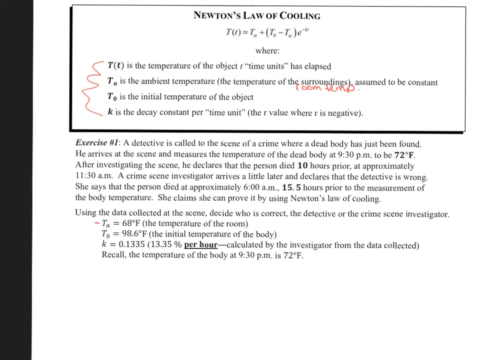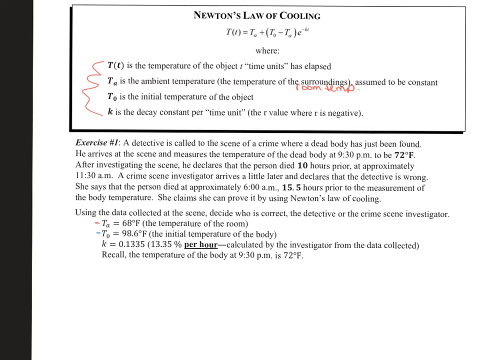T sub 0, the initial temperature of the body, 98.6 degrees. This is never actually really given to you in a problem. This is assumed to be common knowledge that the initial temperature of the body is 98.6.